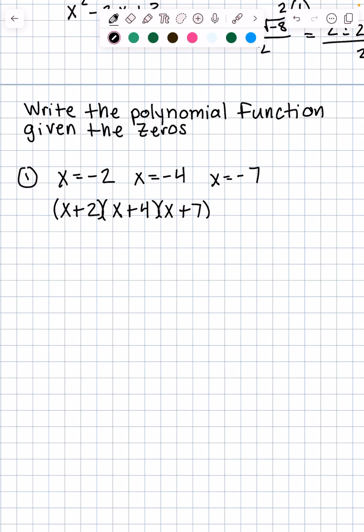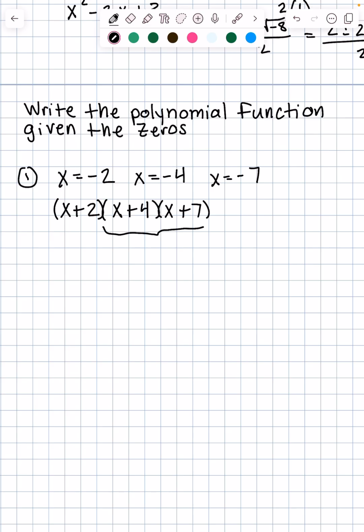But this is not a polynomial function yet, so this is very tedious, but we need to multiply all 3 of these binomials together. Actually, let's start with the last 2. I think it's going to be a little bit easier. It doesn't matter, but let's just start by multiplying the last 2 binomials together.